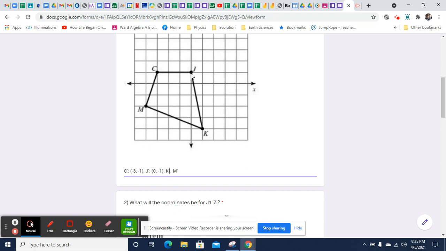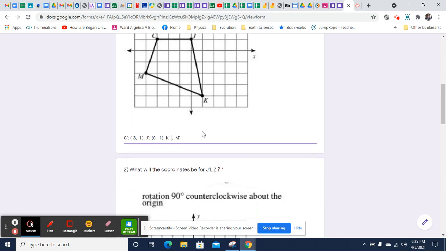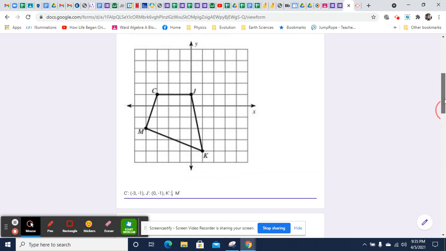And then K prime, right here, which is at 1, negative 4, is going to have the x value stay the same, and it's going to go over to 1, positive 4 instead of 1, negative 4. And then M prime is going to go from negative 4, negative 2 to negative 4, positive 2. And that will give us everything we need.